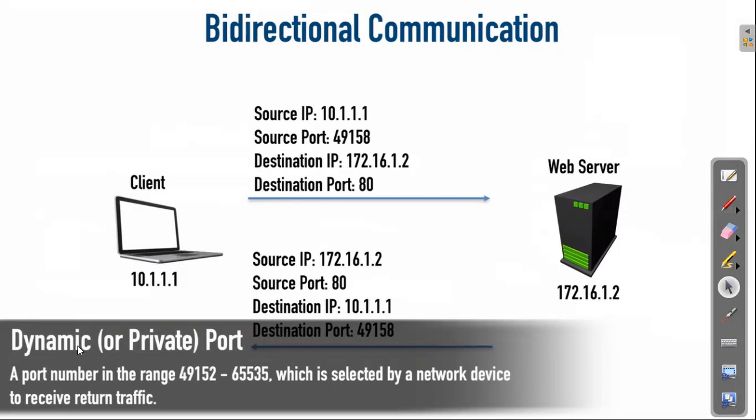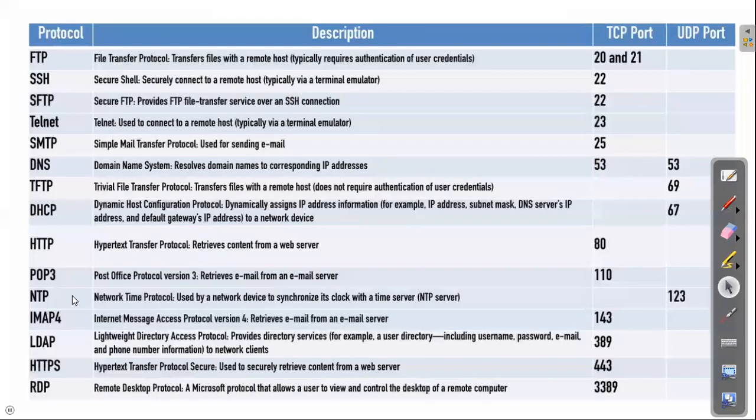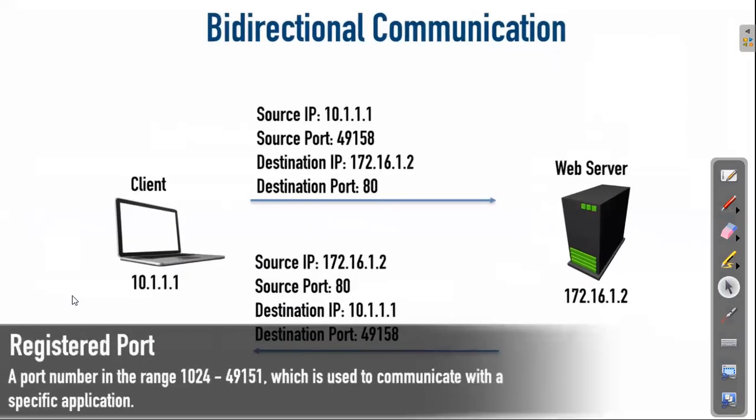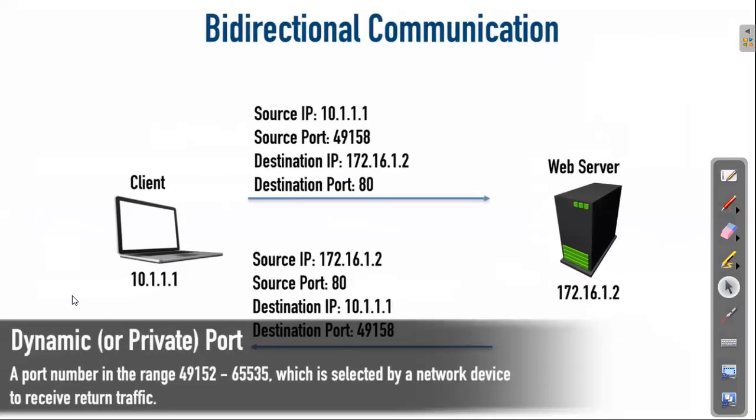So this type of port is called a dynamic or private port. So already we discussed three ports. The first one is called the well-known port. The second one is the registered port. The third one is the dynamic or private port.